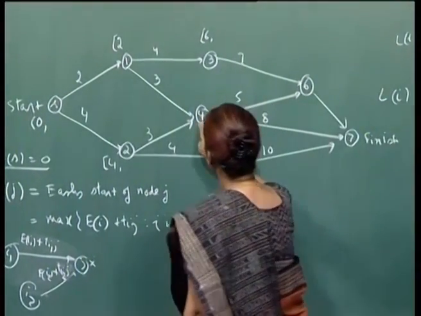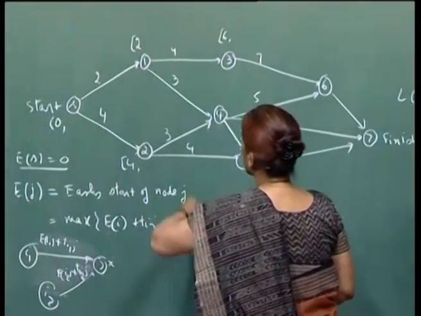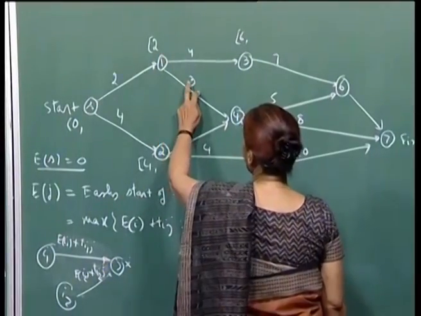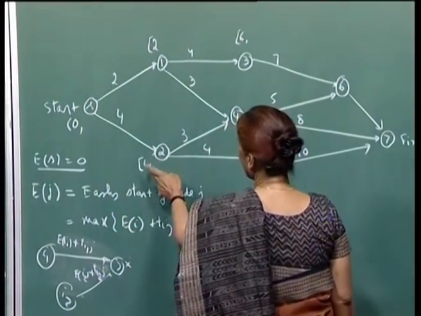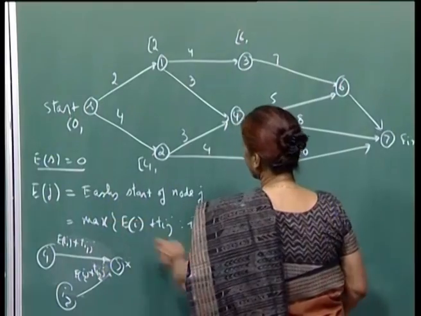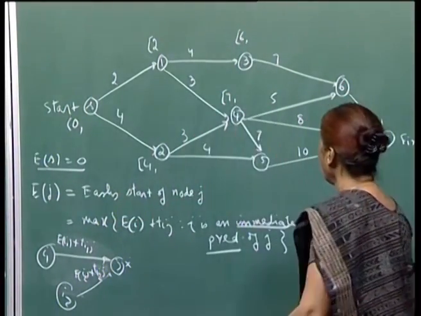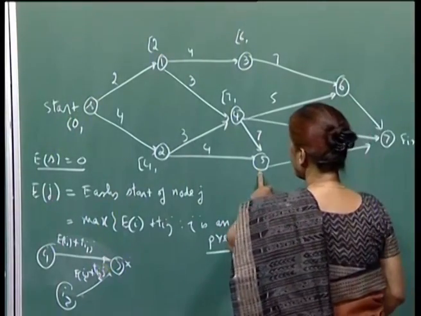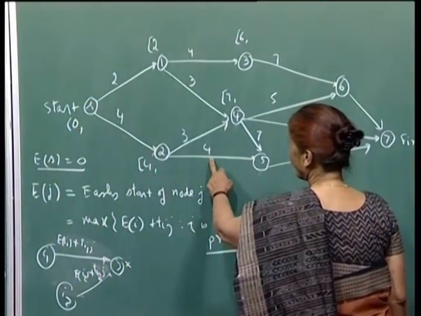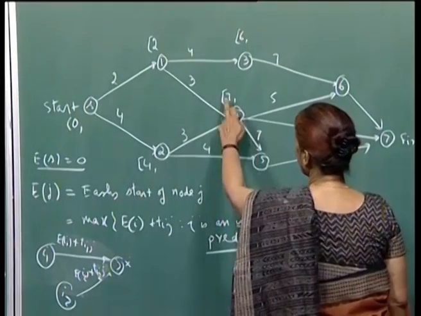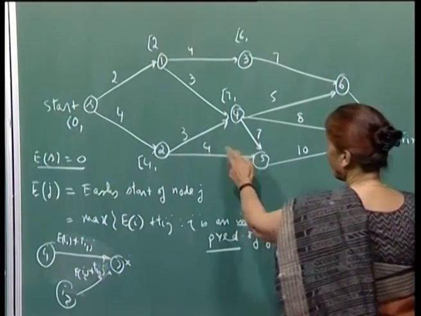Now for node 4, for example, this way it is 5 and here it is 7, so I have to take the max. This will be 7. Then for this one, this is 4 plus 4, 8, and here this is 7 plus 7, 14. Again I take the max.